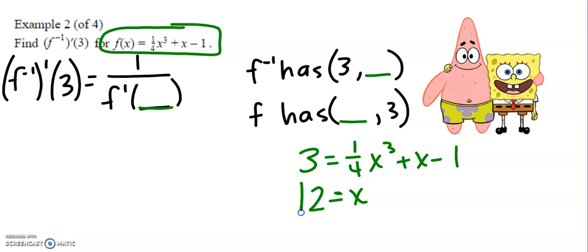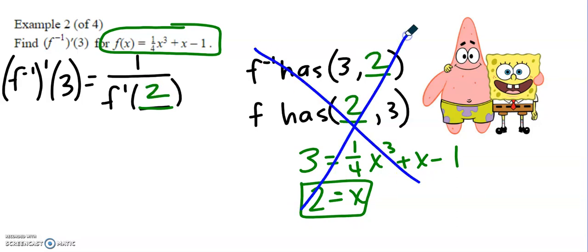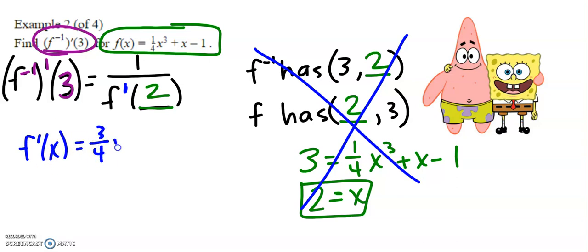So this is the fun part, right? You found the mystery number, 2, 2, 2, and we are done relying on our buddy. Now I got to focus on the task at hand. F inverse prime of 3 is what I was supposed to find, and I know that that's equal to 1 over F prime of 2. I already solved that mystery. So now I need to find F prime of x, which will equal 3/4 x squared plus 1.